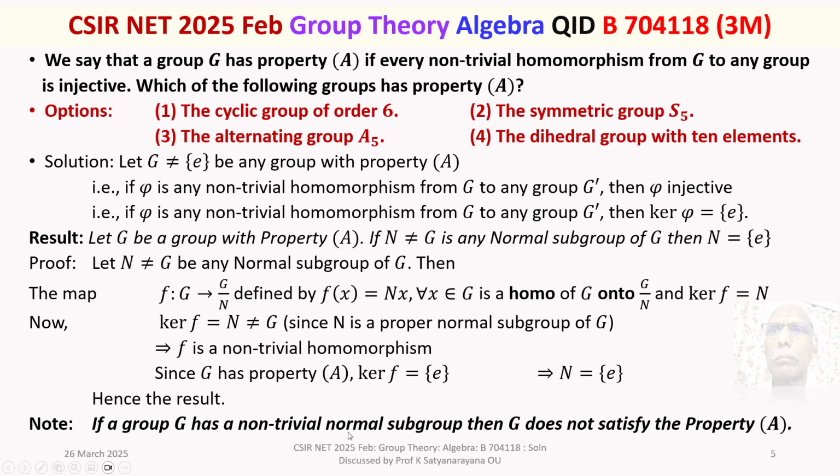So, if we want to say a given group does not satisfy that property, then show that there is a non-trivial normal subgroup for that. Right? So, with this, we move on to the next slide and discuss the options one after the other.